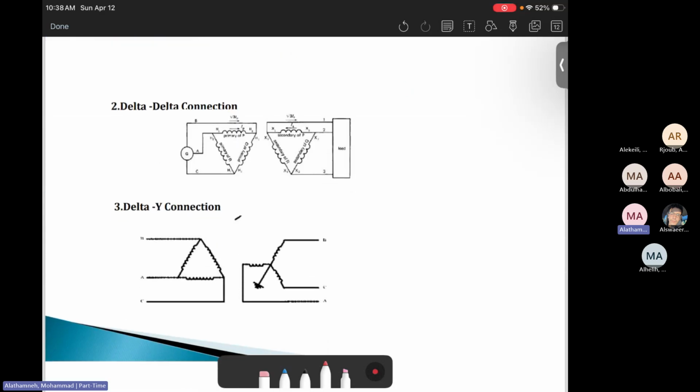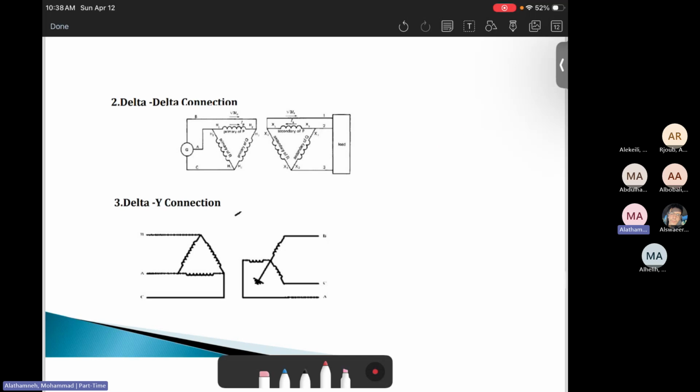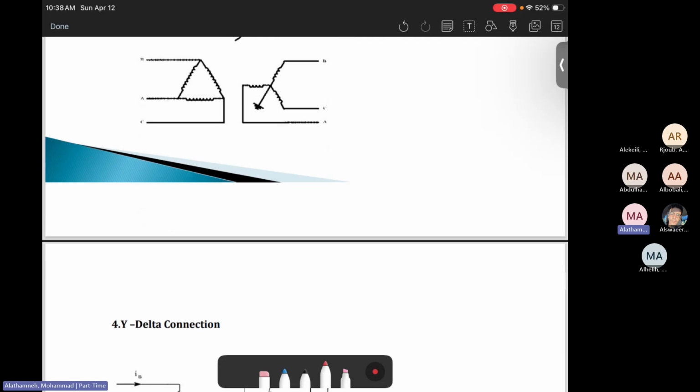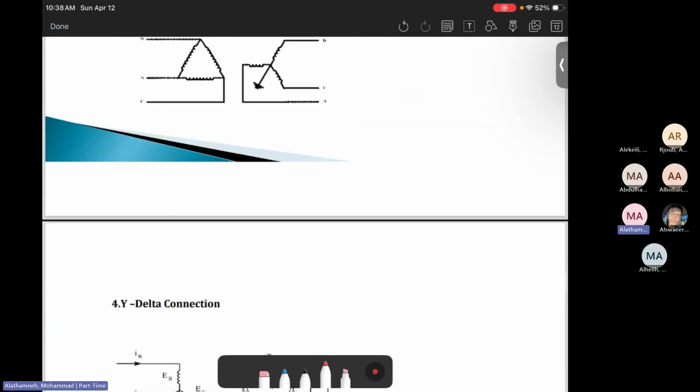The delta to delta transformer is good, but the problem is there is no neutral. The good thing is there are no third harmonics. But there is no neutral. Then there is delta to Y and Y to delta.